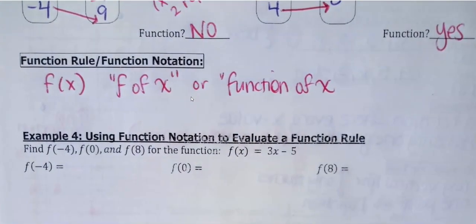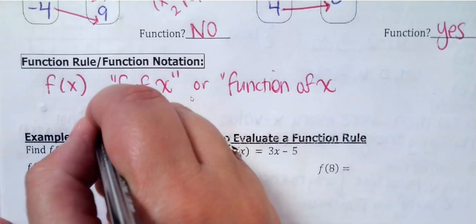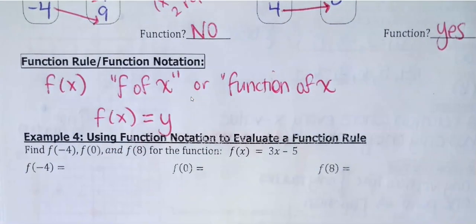That is what a function rule is. If you're used to looking at a normal equation, f of x is just a replacement for y. It's just called function notation.